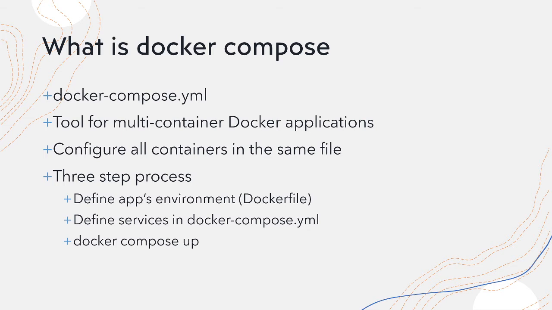You define the app's environment with the Dockerfile so it can be reproduced anywhere. Then you define the services that make up the whole app in the docker-compose.yml file, so they run together seamlessly in the same isolated environment.